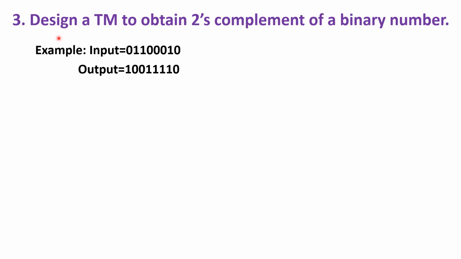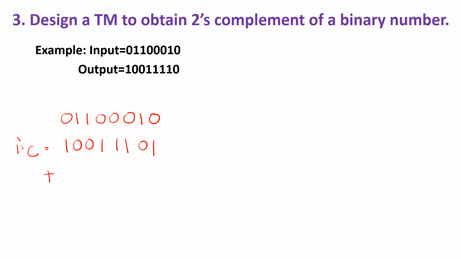Next, if we are supposed to design a Turing machine to obtain the 2's complement of a binary number, usually what we do is, given a number, we take the 1's complement of it and then add 1 to it. That is, if the given input string is 01100010, then first we take the 1's complement of it, which is equal to 10011101.